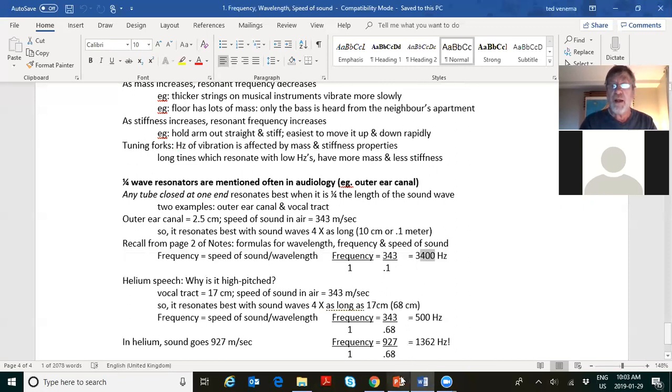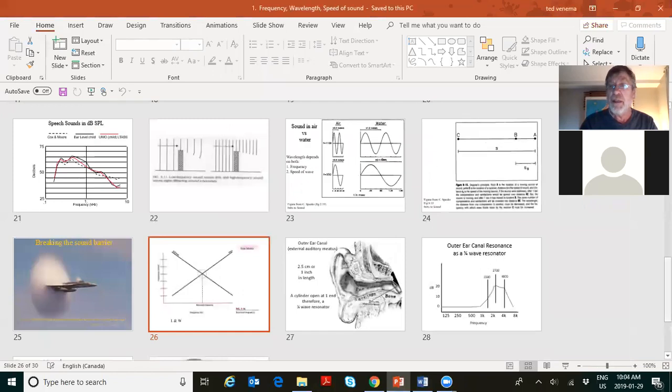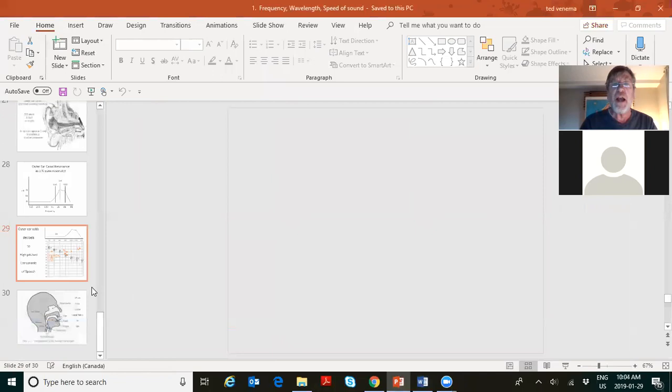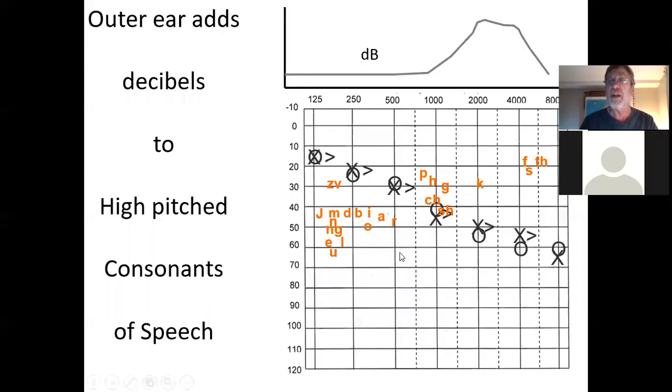So why is that important? I'll show you why that's so important. The sounds of speech. Here's a picture of a hearing test. The O's are the right ear's hearing, and the X's are the left. These numbers represent frequency: 125 hertz, 250 hertz, 500 hertz, 1,000 hertz, 2,000, 4,000, and 8,000.